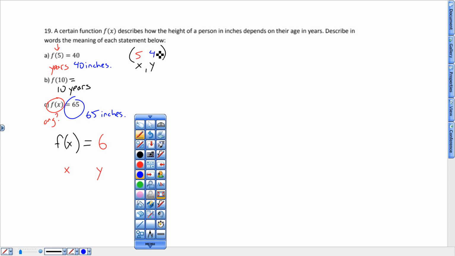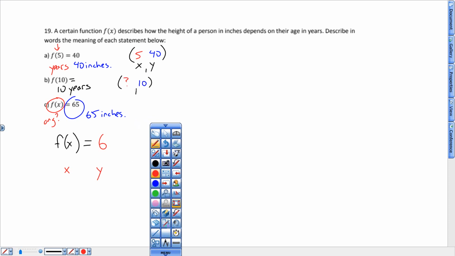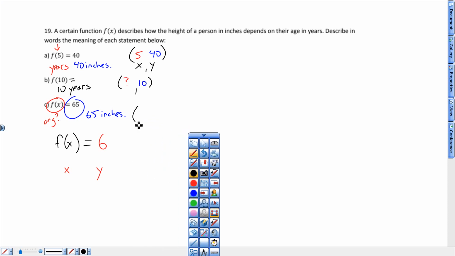I got that backwards. Looks like this one is telling me that I know it's 10 years, but I don't quite know the height. And then this one is telling me I know the height is 65 inches, but I don't quite know how many years that person was. All right, so hopefully that's okay.